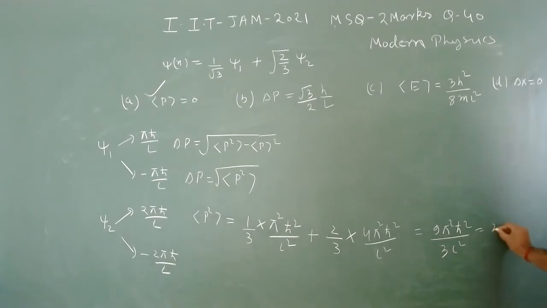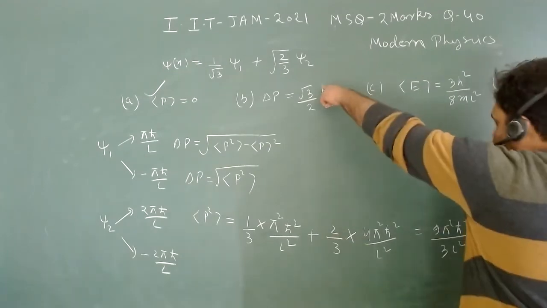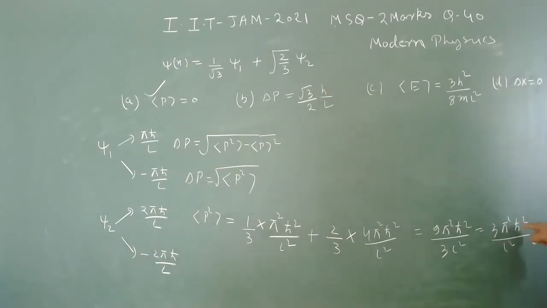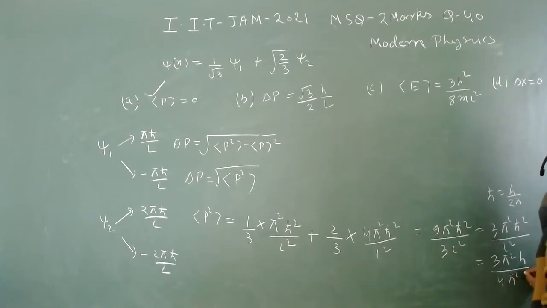So this will be 3 pi square h cut square upon L square, but in the problem it is given in terms of h, so we put h cut equal to h upon 2 pi. Then the value is 3 pi square h square upon 4 pi square L square.